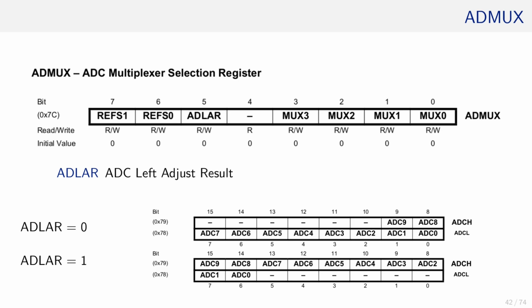In case you might guess that it might have something to do with big or little endian, which I heard from many of my students, this is something different entirely and has nothing to do with the arrangement here. It turns out that the ADLAR setting is quite interesting. However, I would like to defer the explanation of the setting to a session later in this chapter when we talk about the ADC sampling rate.